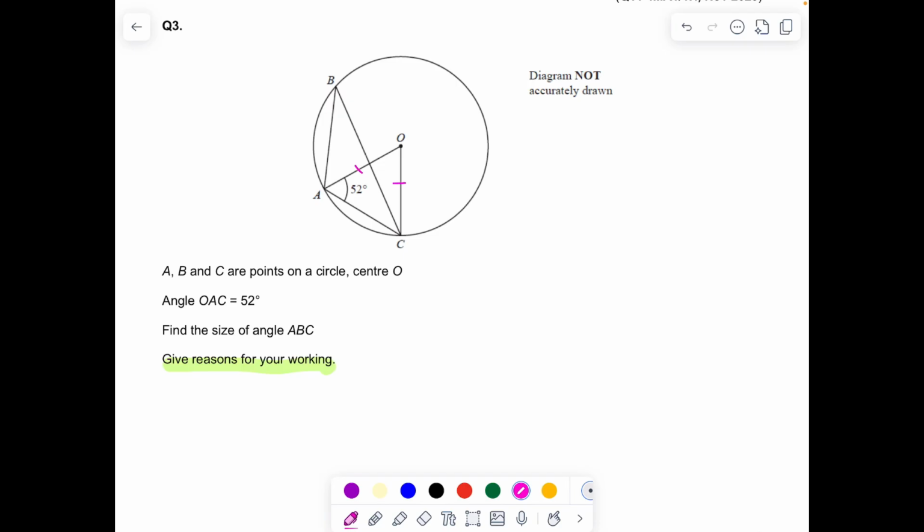So this is isosceles because they are both going from the centre, so they're both the radius. Here must be then 52, which means you can work out what this one is by doing 52 plus 52, which is 104. And then subtracting that number from 180 to give you 76 degrees. So this one must be 76 degrees, and a lot of you did that.